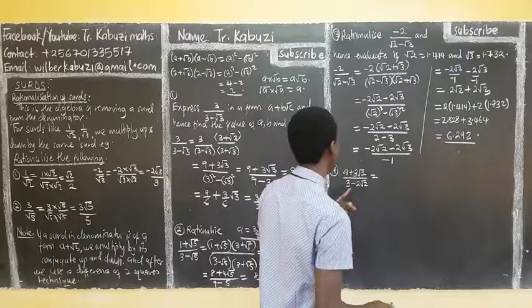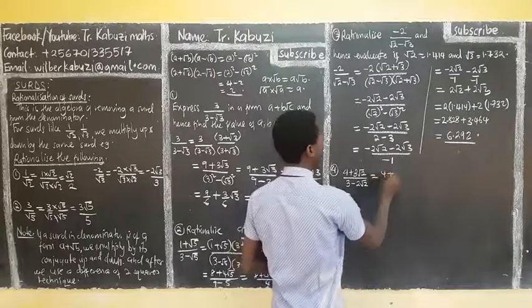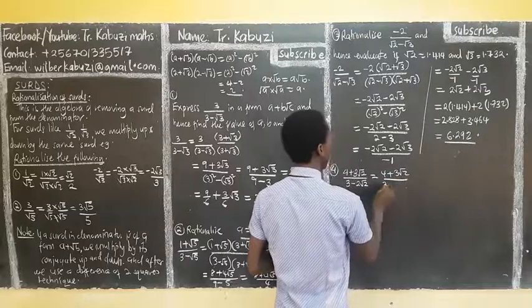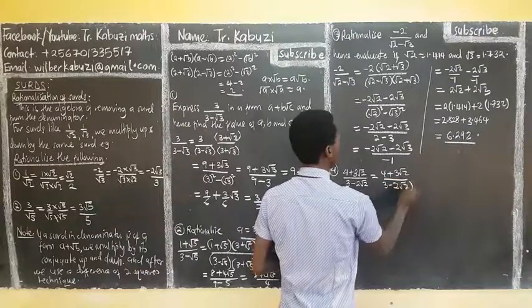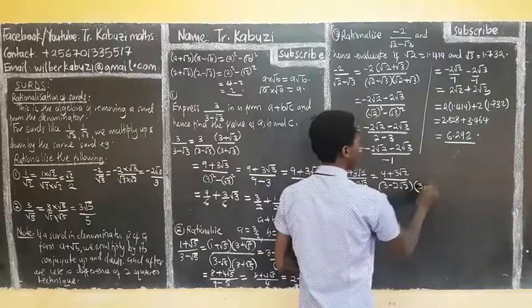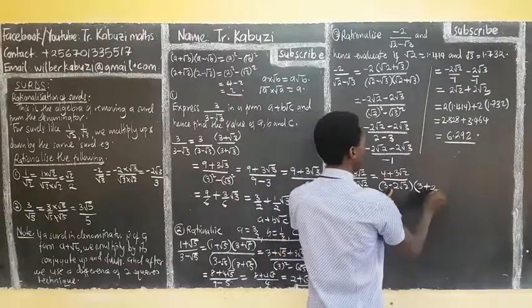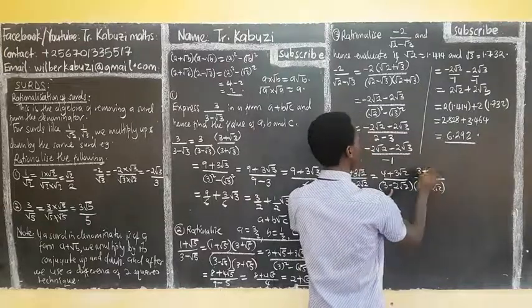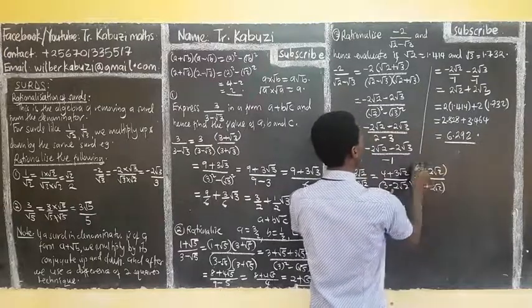Let us rationalize it. We start with the conjugate. 4 plus 3 root 2 over 3 minus 2 root 2. Let us rationalize. The conjugate of this is 3, now we take the sign in between, 2 root 2, multiply it also up. So we get 3 plus 2 root 2.